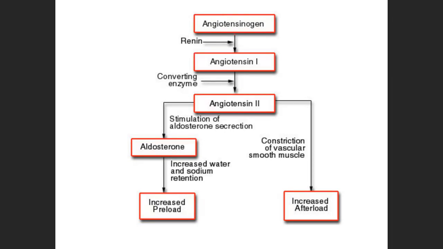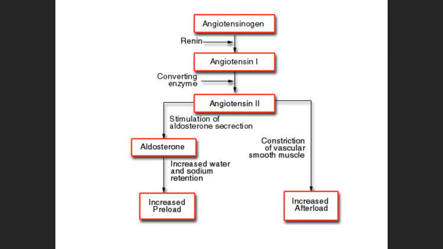So we have, in the situation of cardiac failure, angiotensinogen being converted to angiotensin 1, and this is facilitated by renin. And angiotensin 1 is converted to angiotensin 2 via the converting enzyme. And this is the point at which the ACE inhibitors will work.